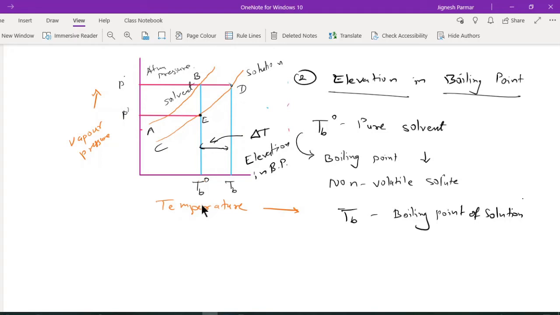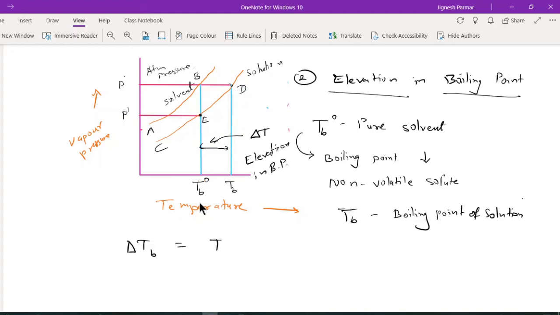So how can we use this? It's very simple. With the help of a formula for delta T, we can find out the molecular mass. The change in boiling point is delta Tb, the elevation in boiling point.